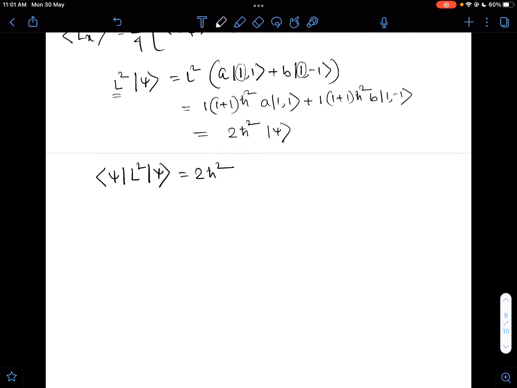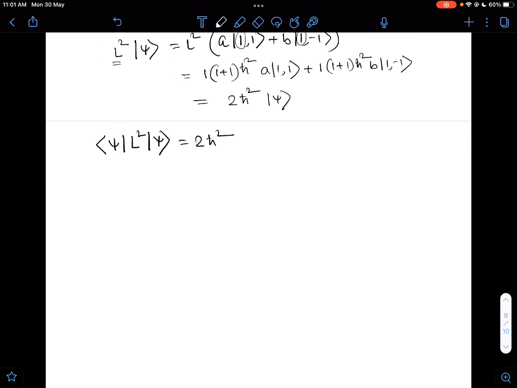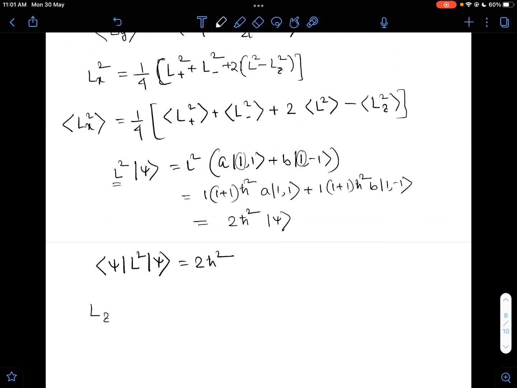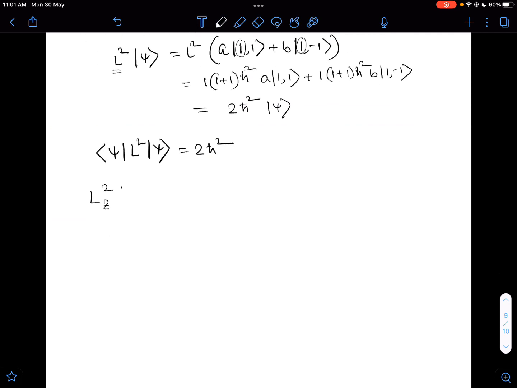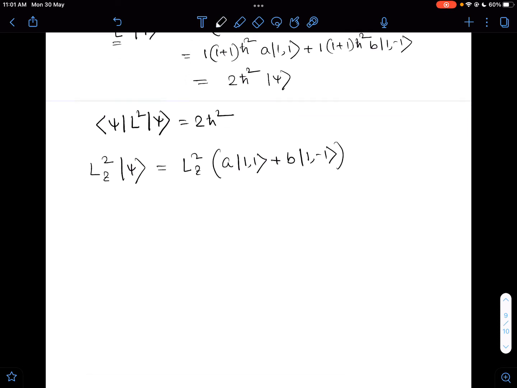And similarly, what will be the expectation value of Lz squared? First we operate this Lz squared on psi, so it is A|1,1> and B|1,-1>. Now this is our m value: if we act Lz on |l,m>, we get mħ|l,m>.